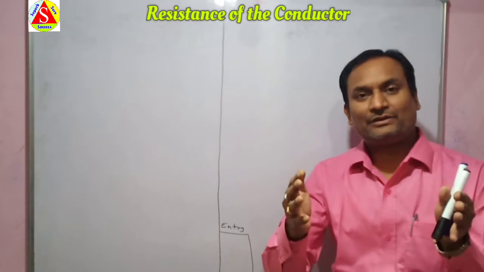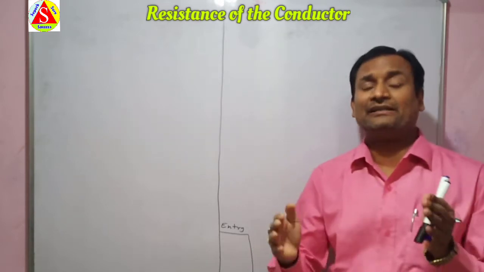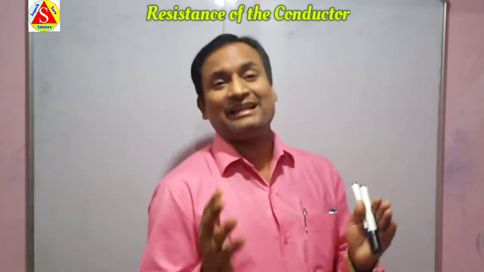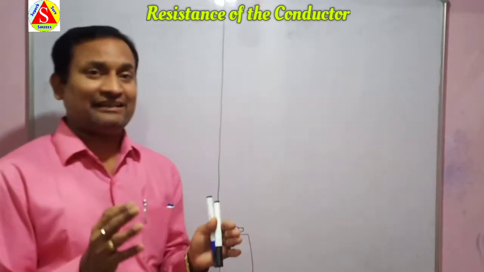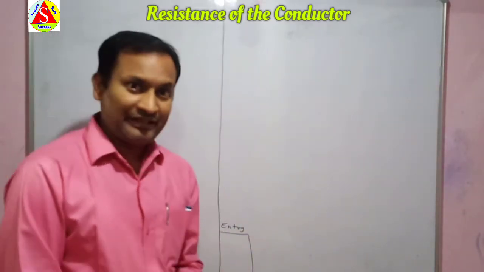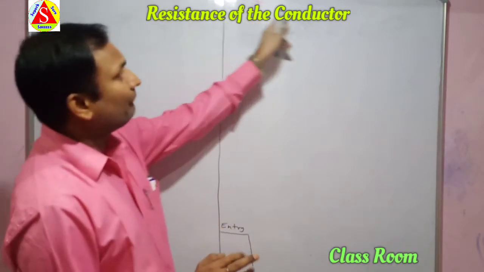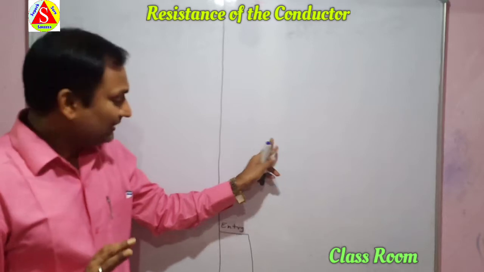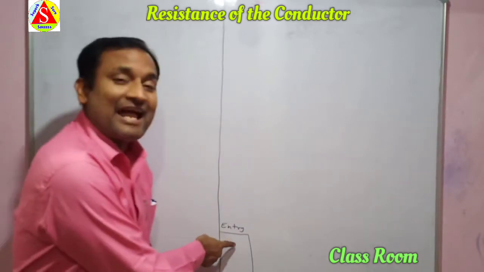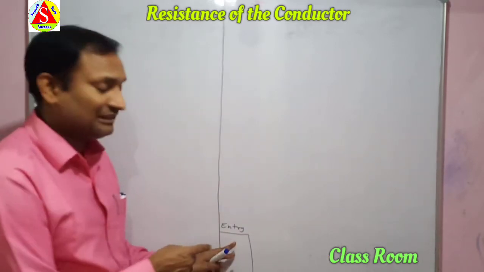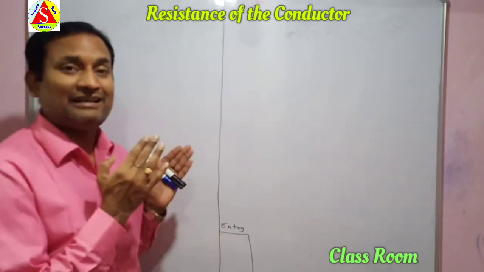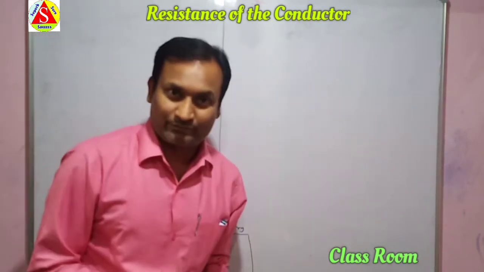Now dear students, I am going to explain the cause of resistance, and to explain that, I am taking an example. Suppose half of this board represents a classroom. This is the entrance point, or the door from where the students will enter the classroom.